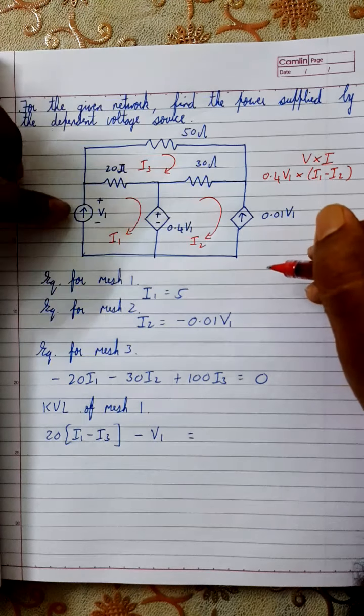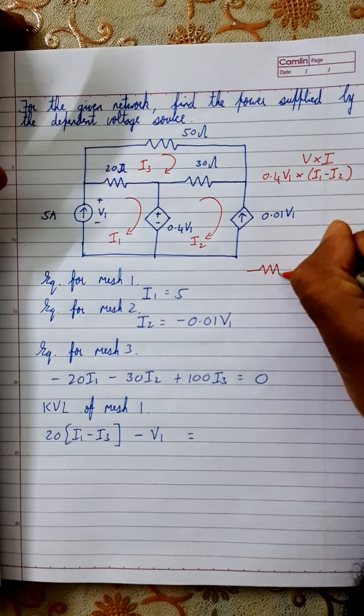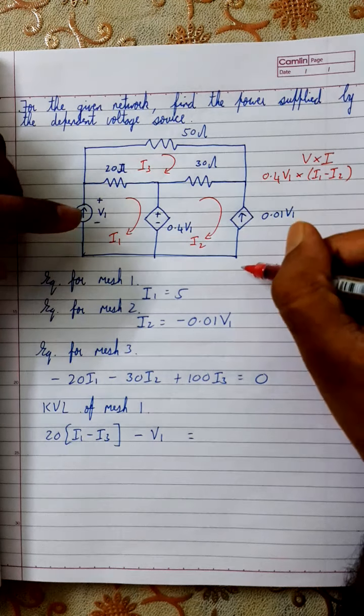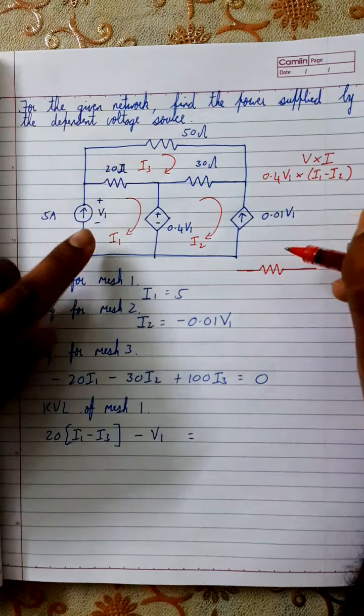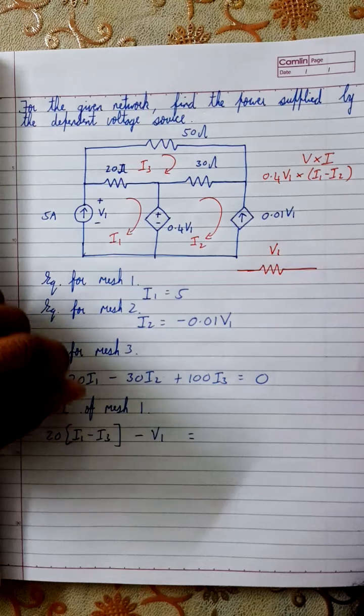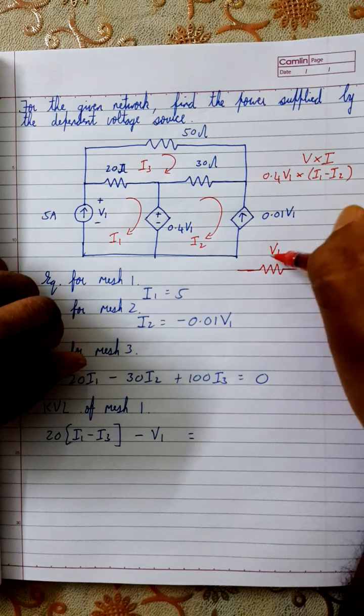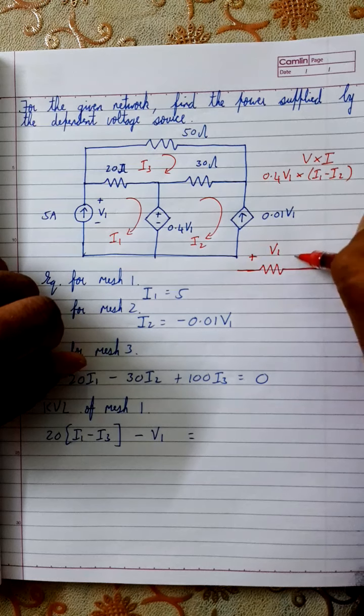Suppose, instead of a current source, I'm going to draw a resistor, and I'm saying that the voltage across this resistor is V1. The polarity of V1 is plus over here and minus over here.